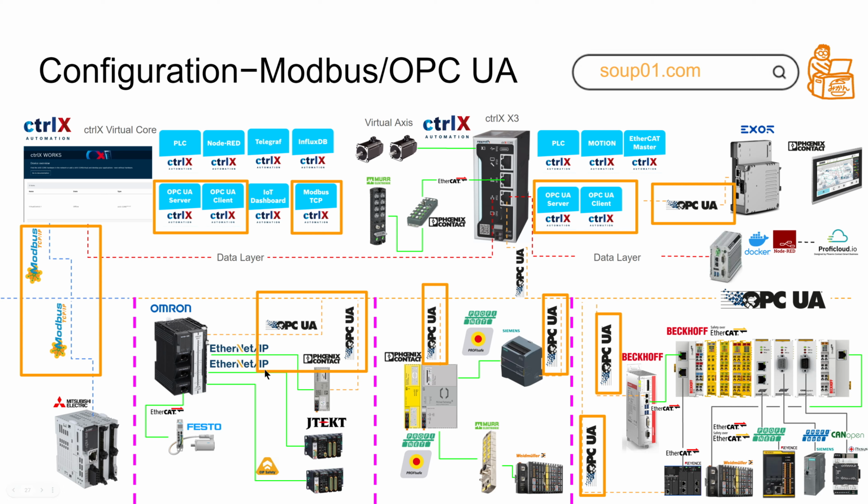So here same. So here's a PLC that doesn't support OPC UA, so I will use the Modbus TCP app to get the data in the partial core, and then use data layer communications to access the Modbus data.